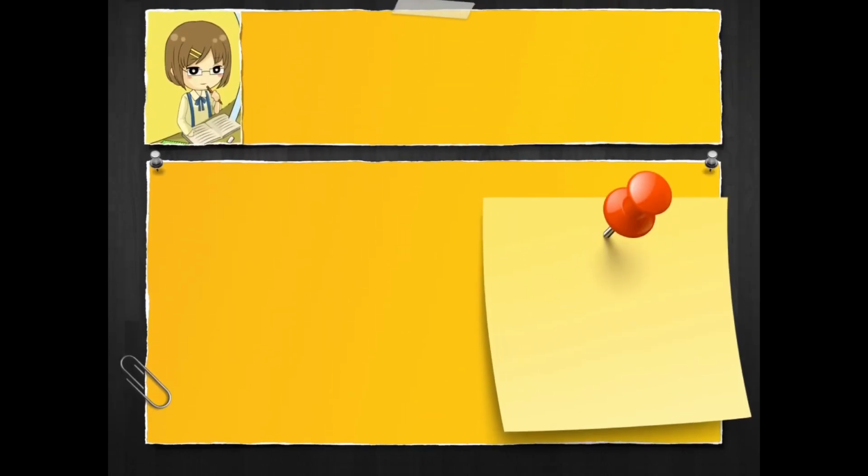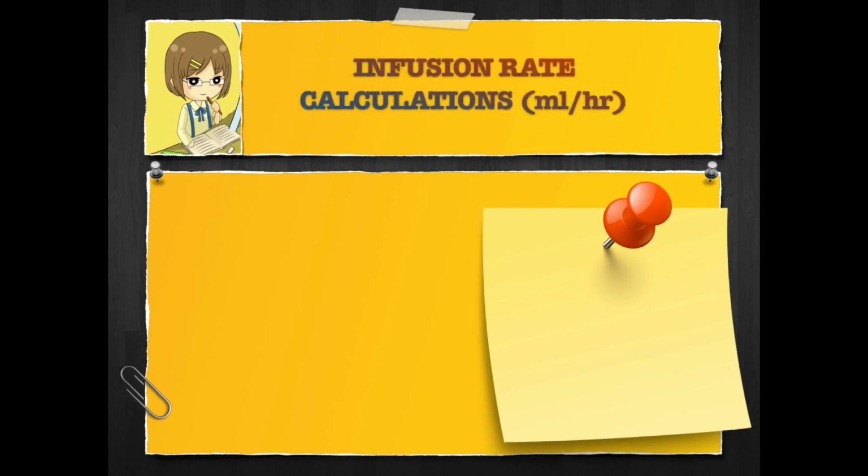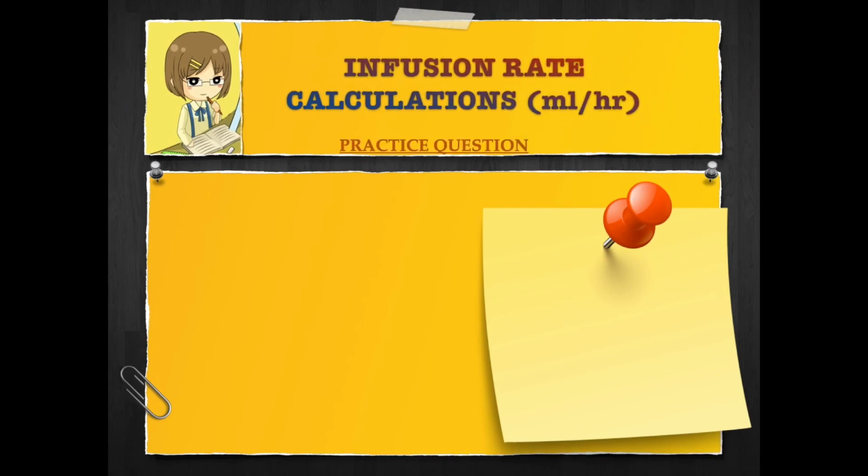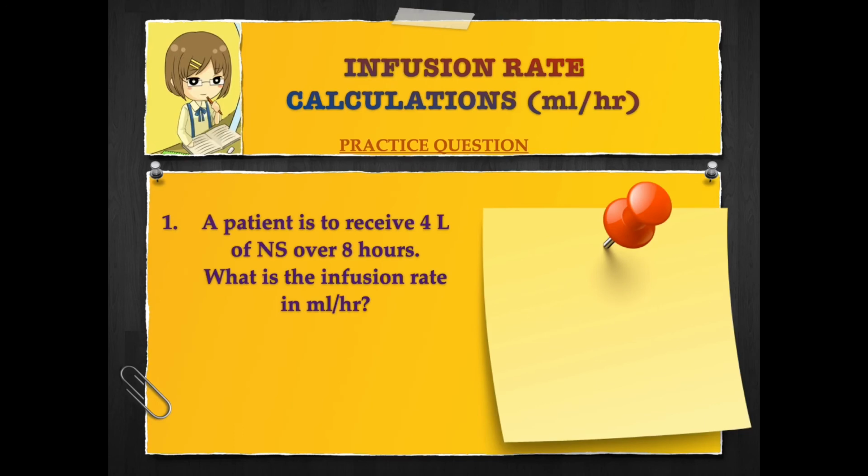So next we are going to see infusion rate calculations, and among them we are going to see ml per hour first. So ml is volume and hour is time. So we can see an example, so it will be easy for you to understand. A patient is to receive 4 liters of normal saline over 8 hours, and what is the infusion rate in ml per hour? So always think in mind, ml is volume and hour is time.